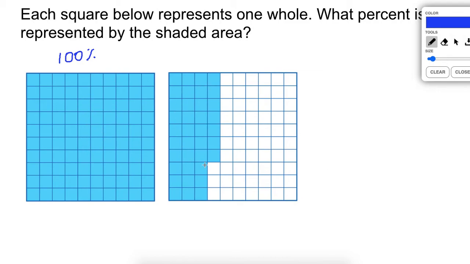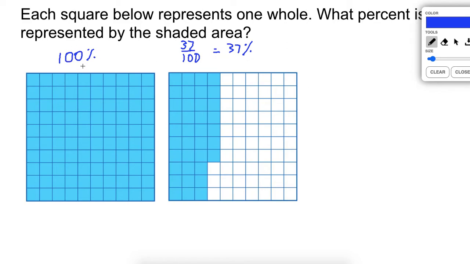And this one, we would have 10, 20, 30, 1, 2, 3, 4, 5, 6, 7. We have 37 out of 100, or just like we talked about, 10, 20, 30, and then each one of these is 1%, so that would be 37%.